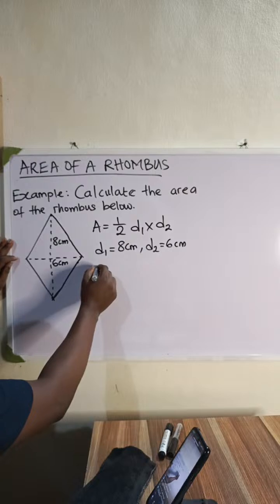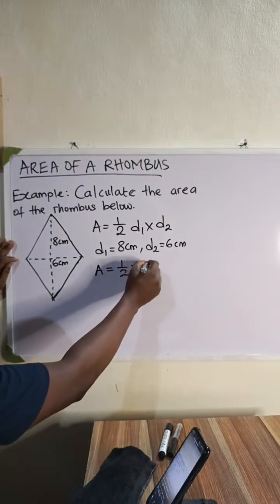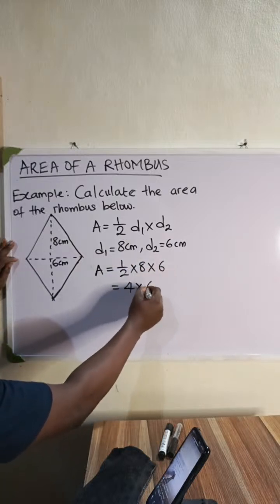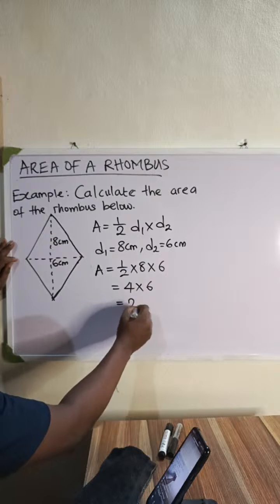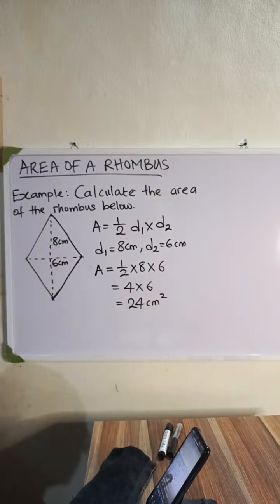So this gives us area is equal to half times 8 times 6. So 4 times 6, which is 24 centimeter square. So when you are given a question like this, it is quite easy to find the area of the rhombus because you are given the two diagonals.